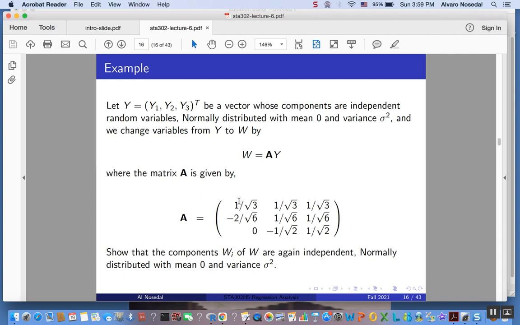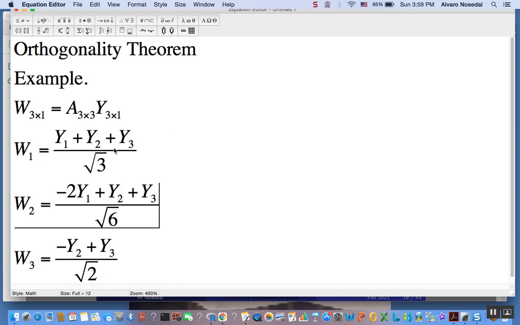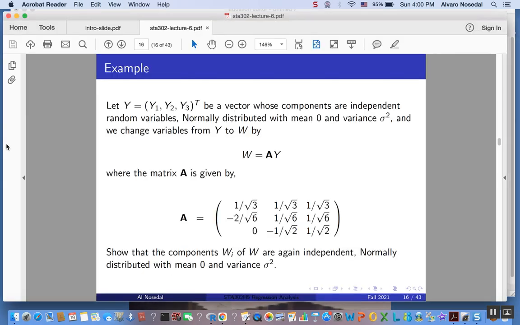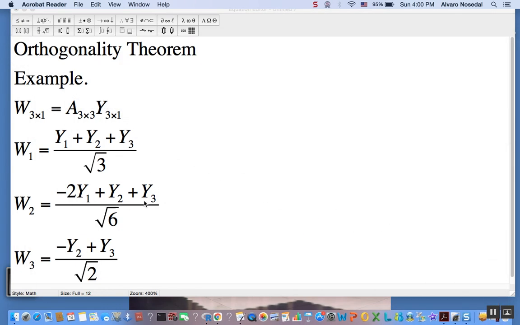So it's going to be y1 over the square root of 3 plus y2 over the square root of 3 plus y3 over the square root of 3. So that would be w1. And if you do the same with the second row of the matrix A, you end up with the second component. So it will be negative 2 times y1 plus y2 plus y3, all divided by the square root of 6. That would be w2. Finally, w3.